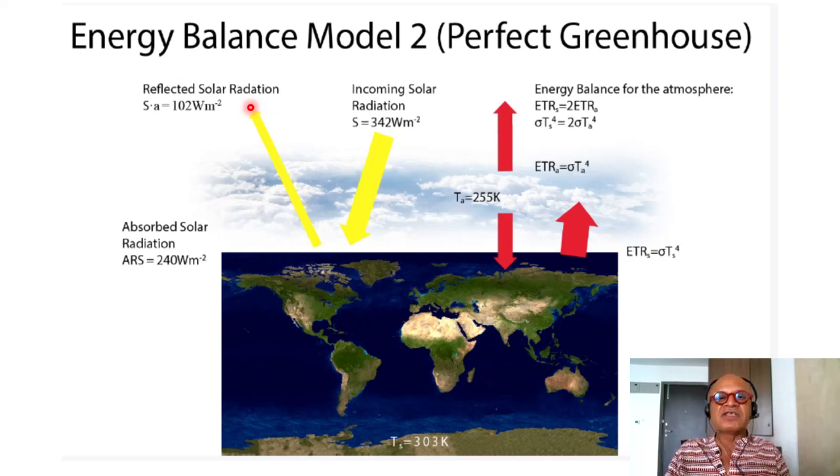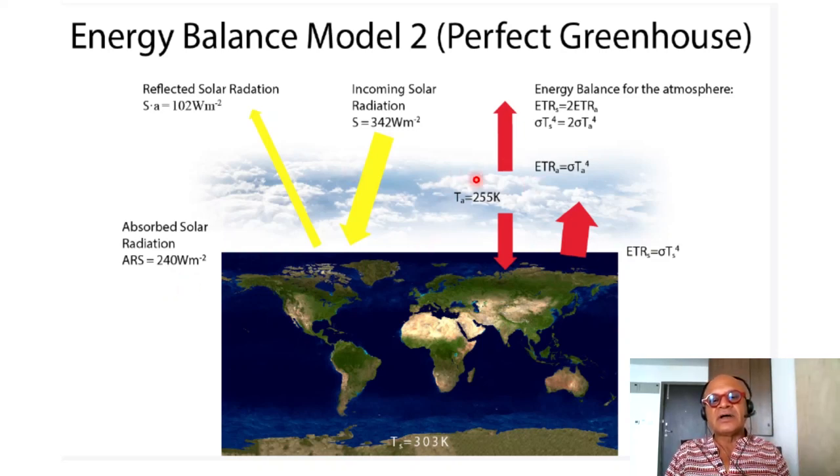So this is a graphic rendition which gives us a better sense away from the equations, so that those who are not into equations can still get a full sense of what we're talking about. So part of the energy coming from the sun in the shortwave is being reflected because of the albedo. So absorbed solar radiation, ASR, is 240 watts per meter squared, which is coming into the atmosphere, and we will see how it's distributed within the system.